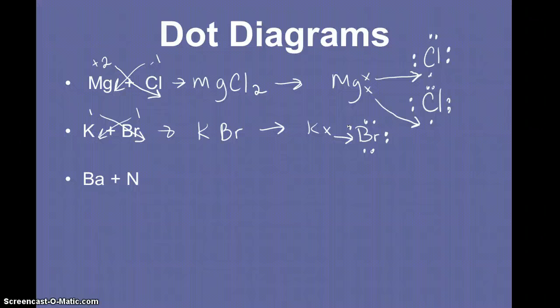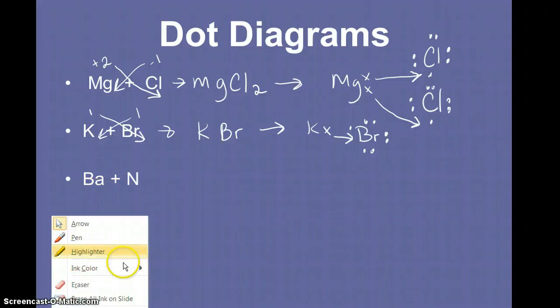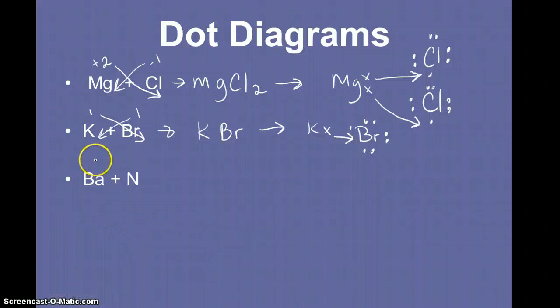Barium plus nitrogen. Now, barium has an oxidation state. Again, look at that atomic charge, 2. See the plus 2 there? Next, we're not going to worry about the plus or minus right now. 2, right there. Nitrogen has an oxidation state. Look at that top oxidation state, okay? What is that top oxidation state of nitrogen?